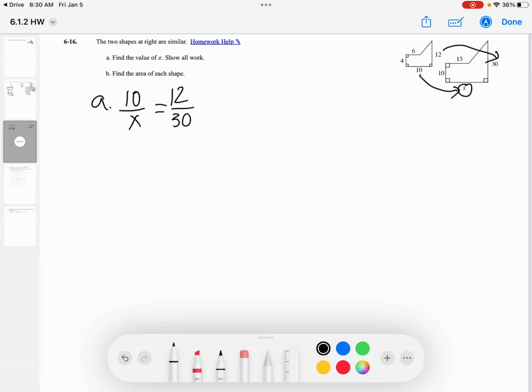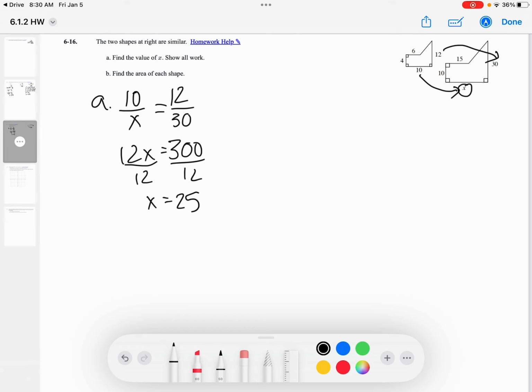So I'm going to get 12x equals 10 times 30, which is 300. Divide that by 12. And I get that x equals 25. Great. All right, so x equals 25.